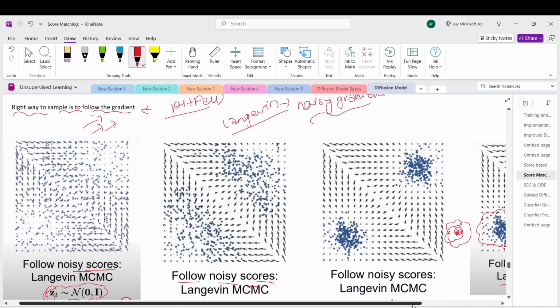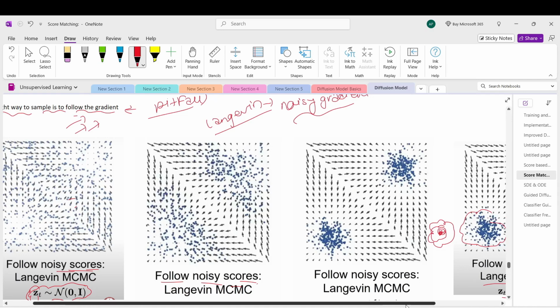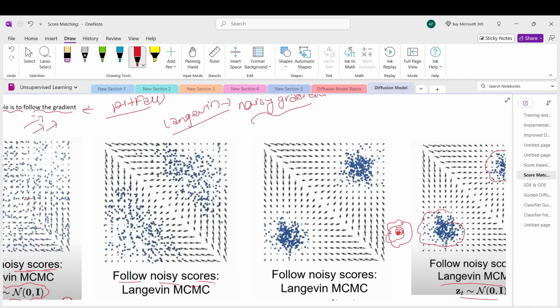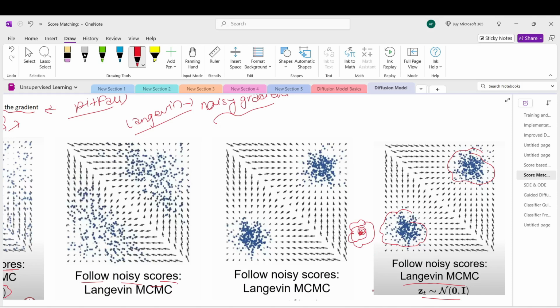If you follow this enough, the data points end up covering the actual modes of the distribution. There are also modes of the distribution here, and they are covered as well. And you get the probability mass not only at the peak.